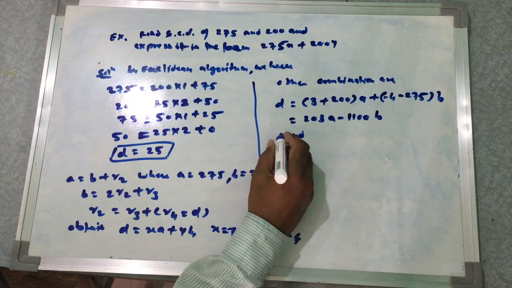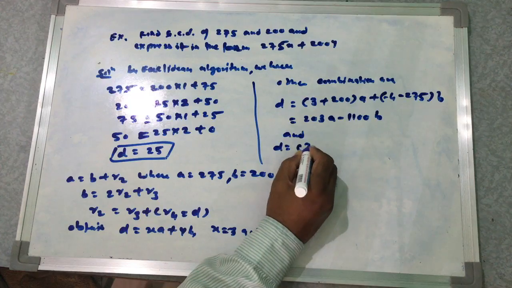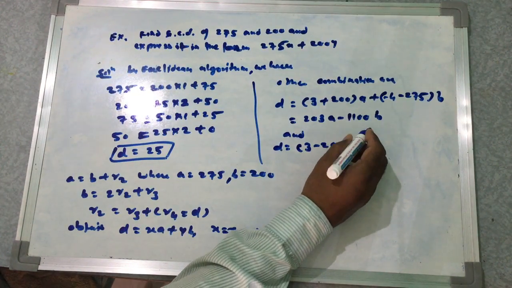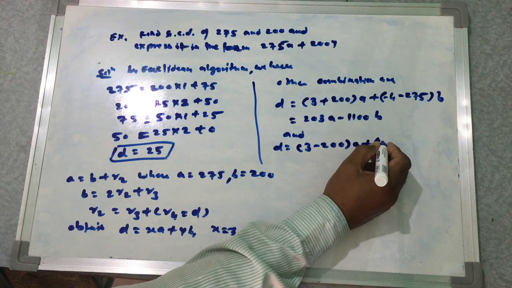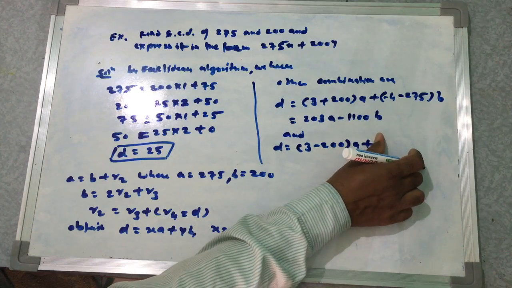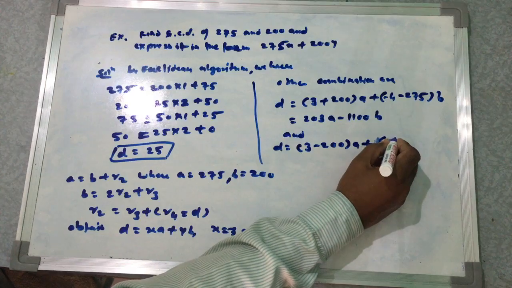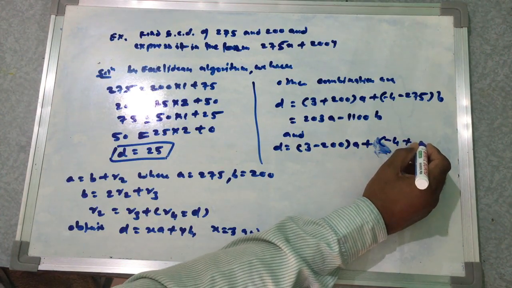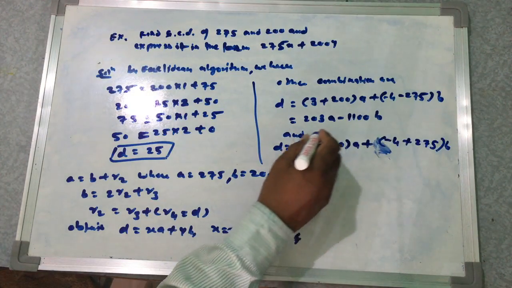And here d is equal to 3 minus 200 into a plus 4, here this is equal to −4 plus 275 into b.